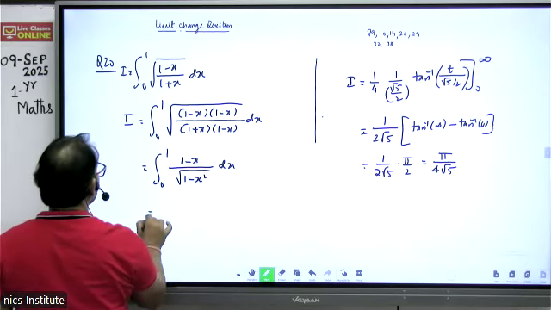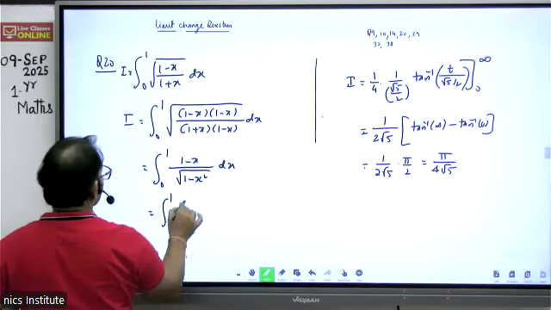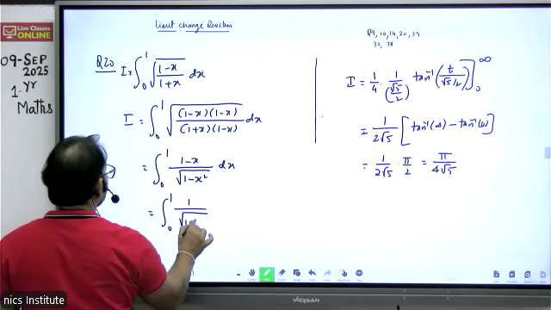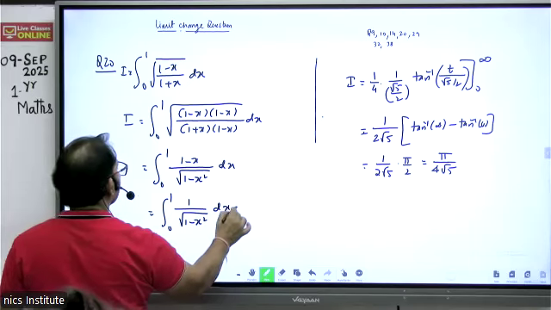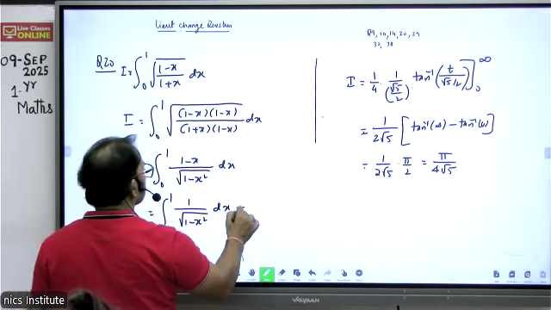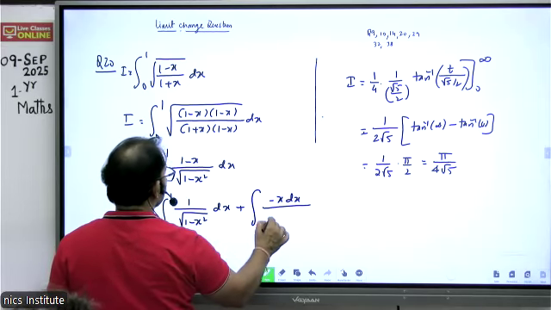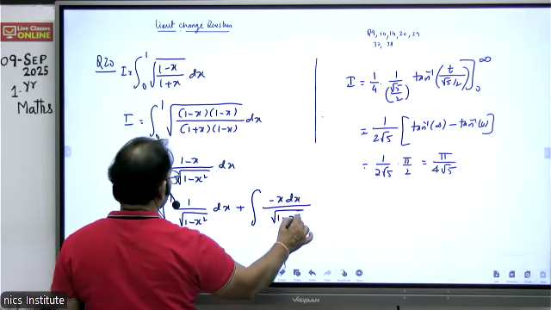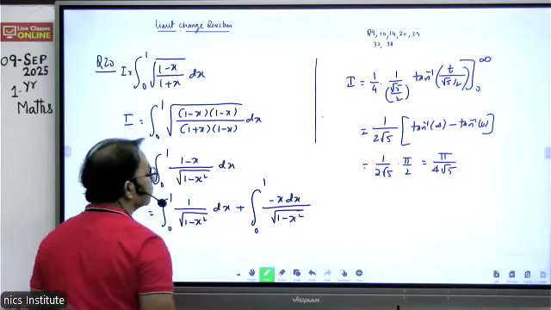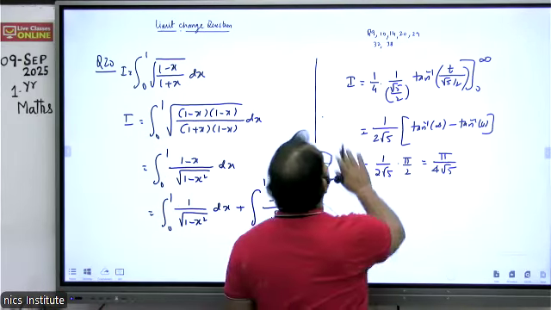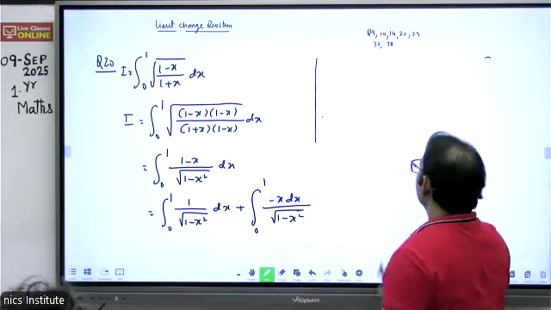And then divide individually. The first part you can integrate directly. In the second part, you can make a substitution, but if you don't want to, you can answer without substitution also.